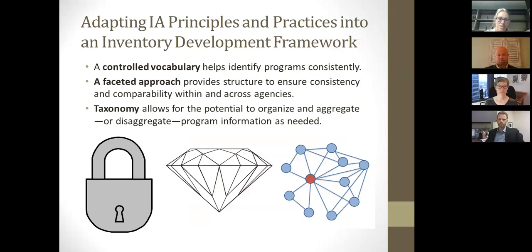We also looked at a faceted approach, which is represented there by a diamond. That idea is consistent with finding information about programs that are present, that will be useful, that are different lenses or views of a program, and we'll get into that a little bit further in our application. There's also the term taxonomy, and I'm sure this is something that you're familiar with as well, which is just that organizational principle.